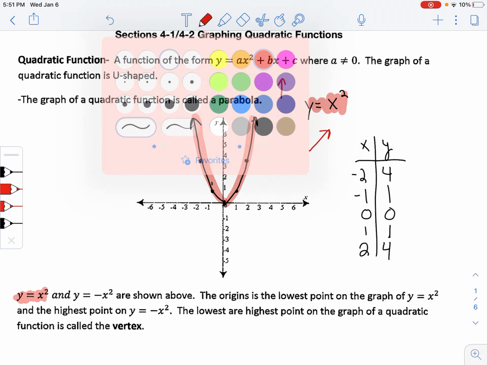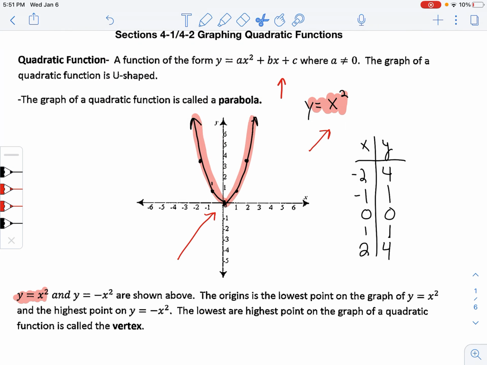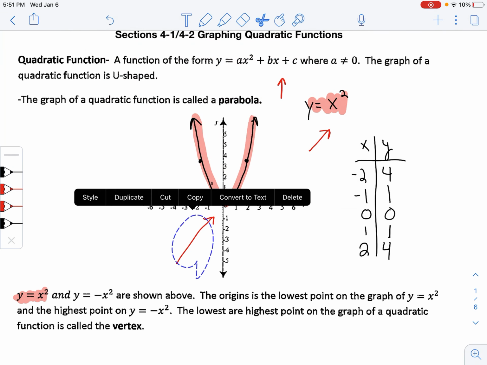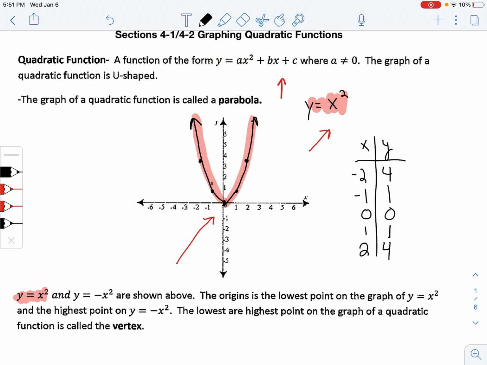This has a vertex at 0, 0, that min or max. The axis of symmetry is the vertical dotted line, the vertical line with respect to which the function is symmetric.